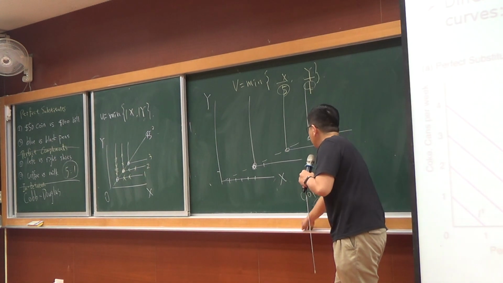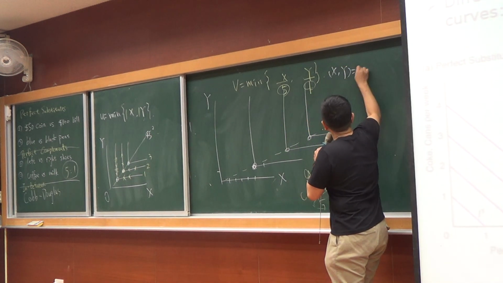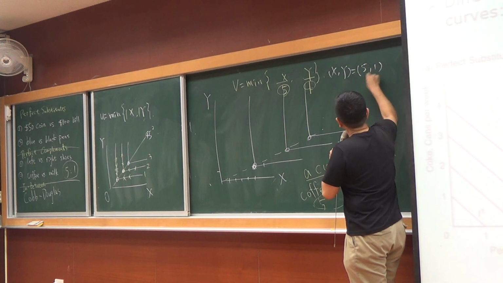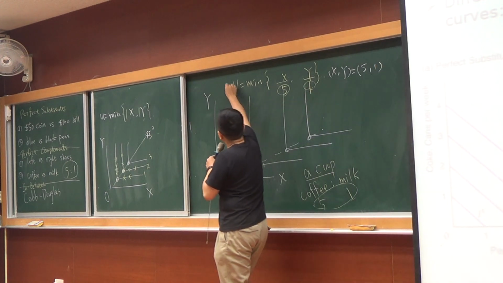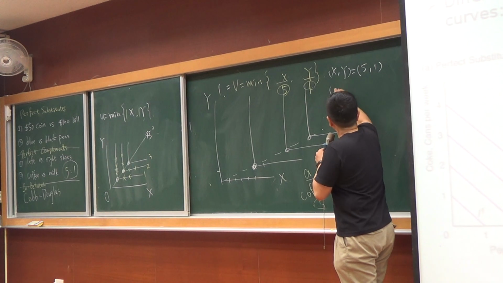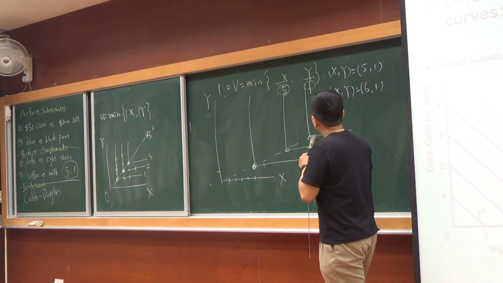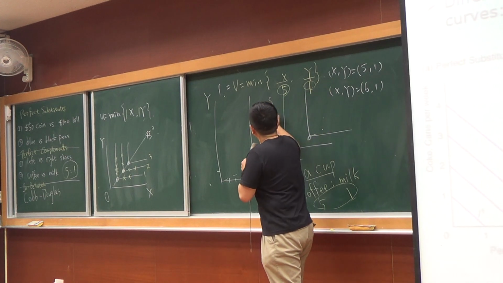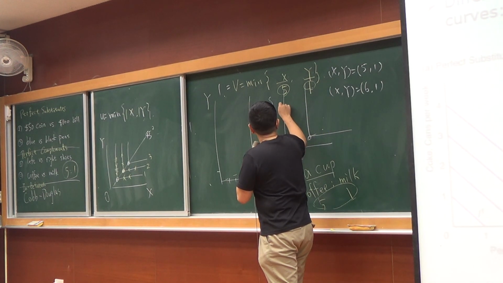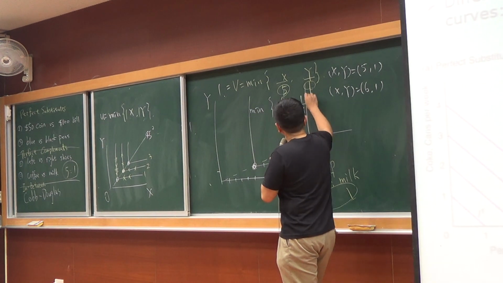So when x and y are 5, 1, then this V would be 1. And if x and y equal 6 and 1, it would be the minimum of 6 over 5 and 1 over 1.